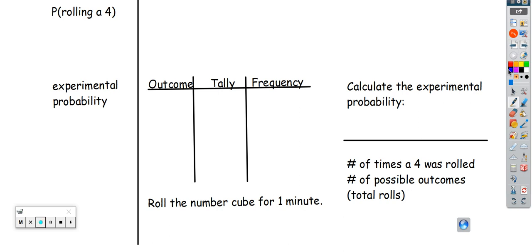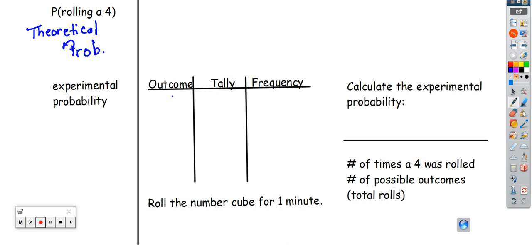At the top here, it says, what's the probability of rolling a 4 on a die? This is going to be our theoretical probability. They're asking us to find mathematically what's the probability of rolling a 4 on a die.